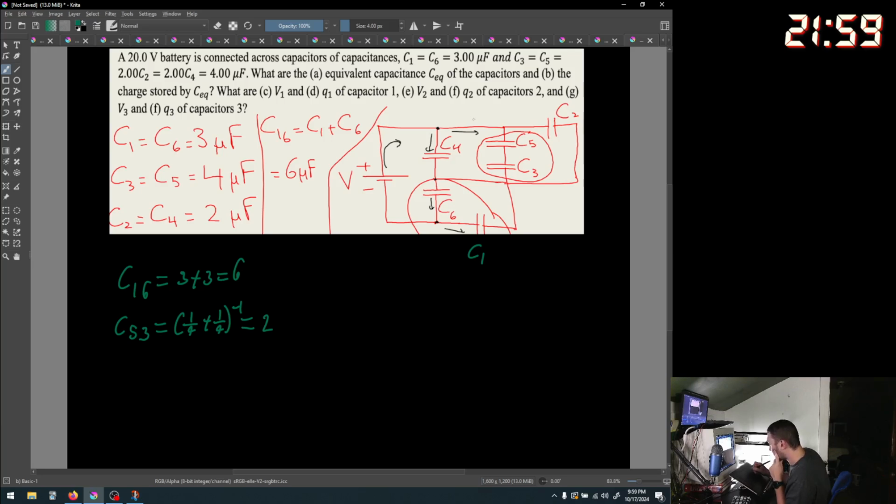And C53 is going to be parallel to C4, which is 2.